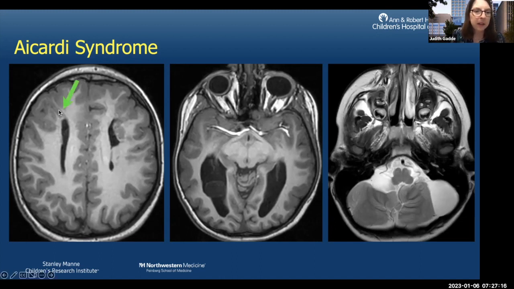And then we can see here in the right frontal lobe with the green arrow, there is abnormal gray matter signal that's going towards that right lateral ventricle. Same thing here on the left. So we have some subependymal gray matter heterotopia, but we also have some polymicrogyria in the overlying cortex.